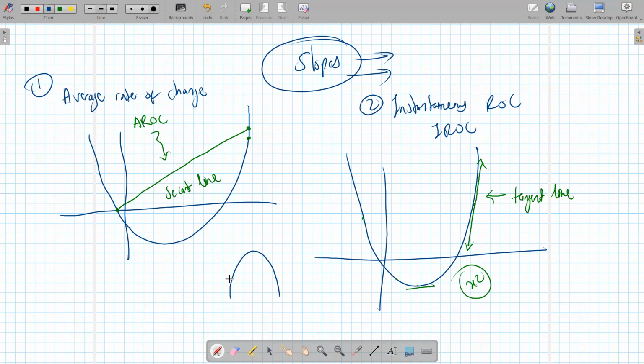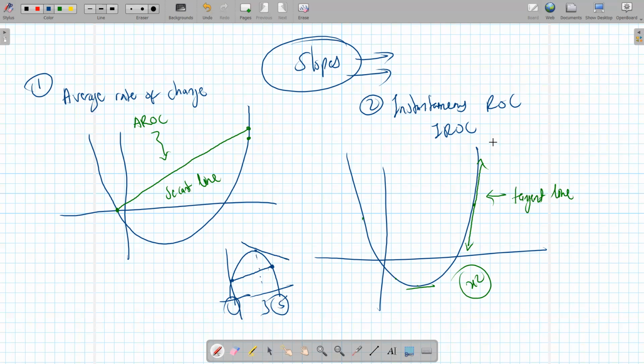Like that. And then you want to know its average speed from the moment you threw it to 5 seconds. So you want to know what the average speed of the rock was between 1 second and 5 seconds. Whereas the instantaneous rate of change would be the rock's speed at maybe 3 seconds.